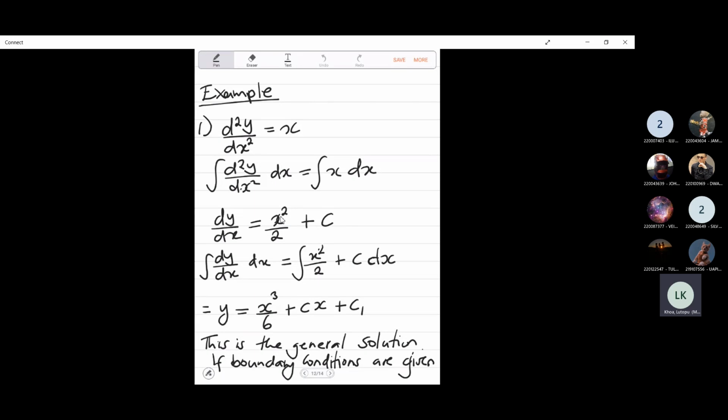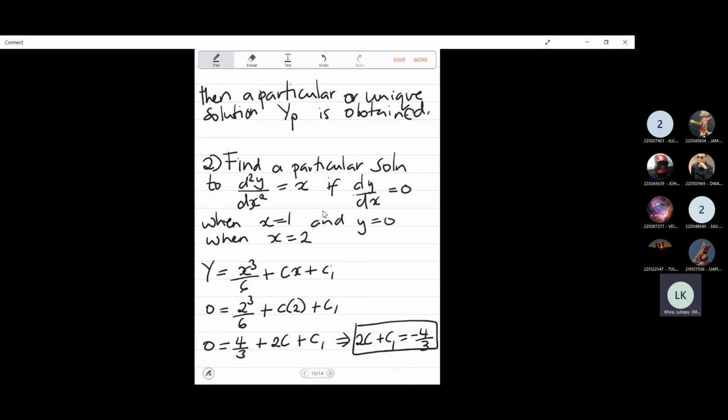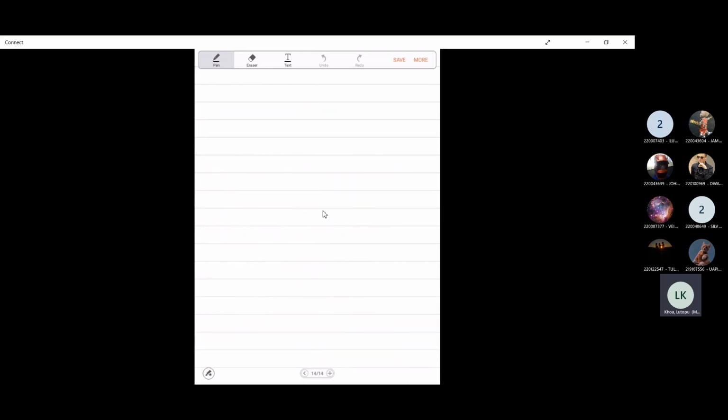So here I'll have 0 when x is equal to 1. So 0 is equal to 1 squared over 2 plus c. Just note that this is x squared over 2 plus c. So this means that c is equal to minus a half.